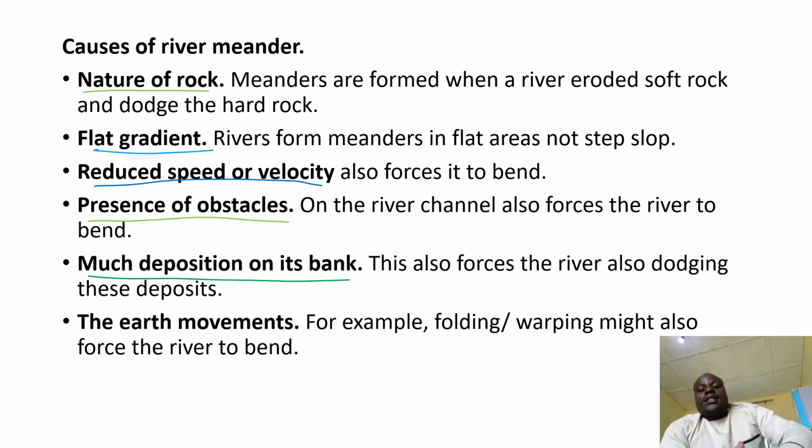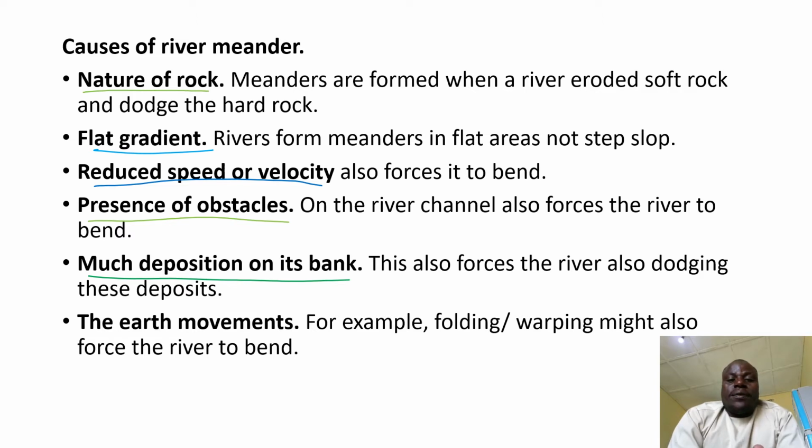Earth movements, for example, folding. Folding can force the river to bend because it is dodging the folded landscape or upwarped area following a downwarped region.